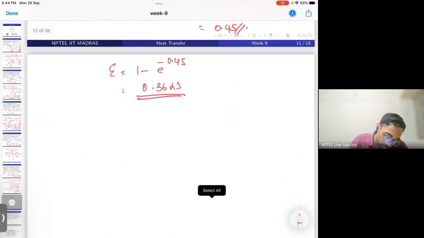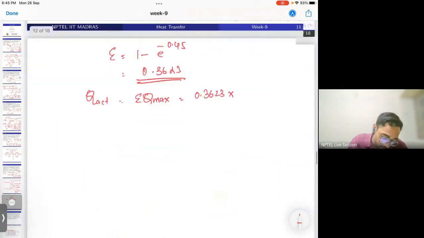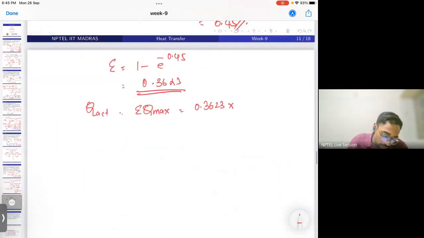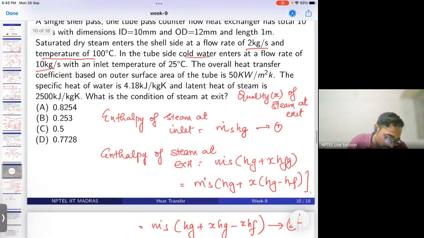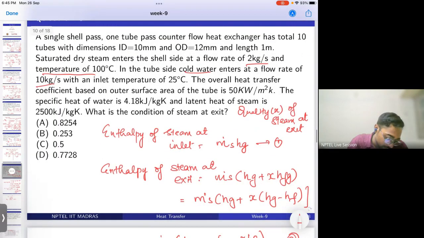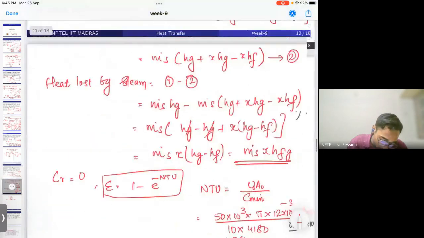Now we know Q actual, which is equal to epsilon times Q max. That is 0.3623 into C min. Which is the minimum? It's the total, right?